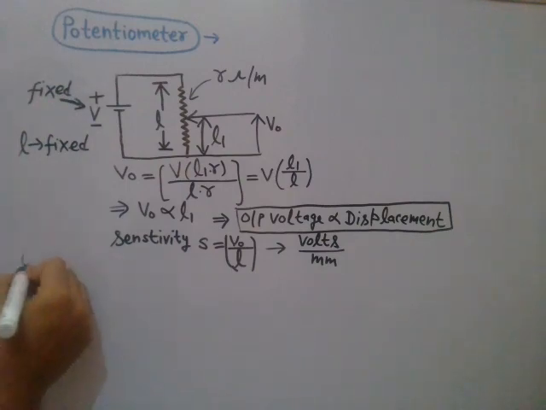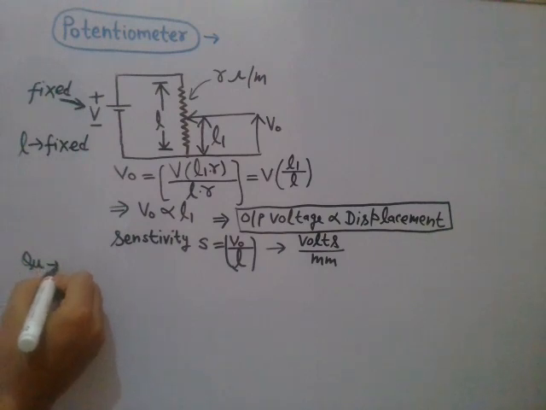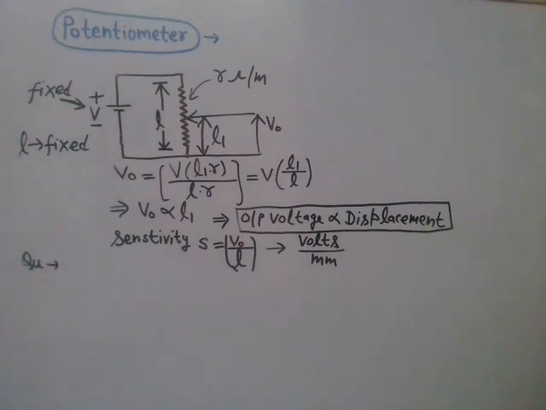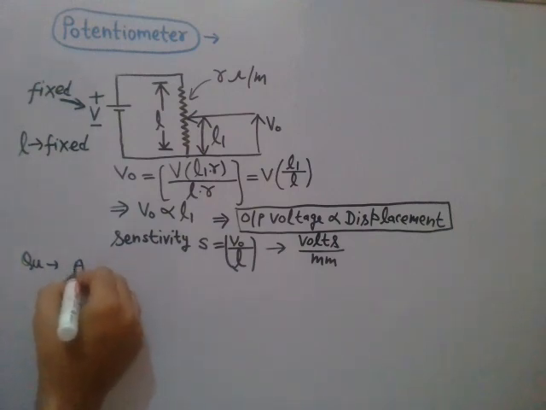Now let us solve one numerical, so note it down. A potentiometer has a sensitivity of 10 volts per meter.